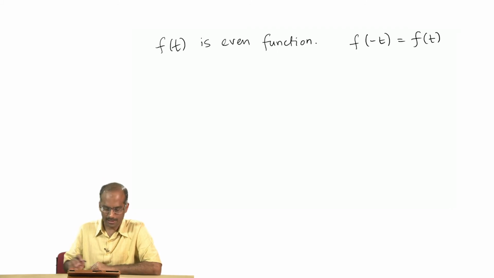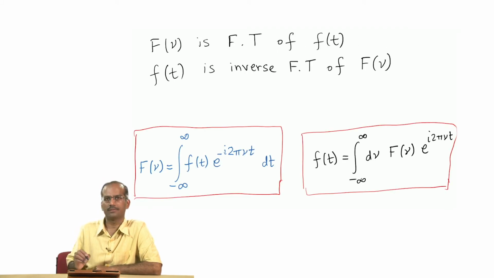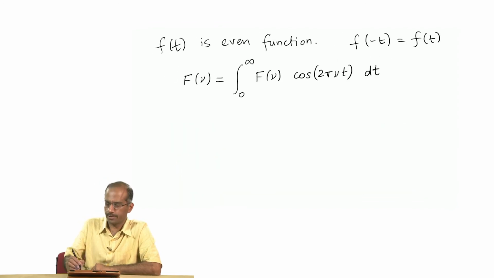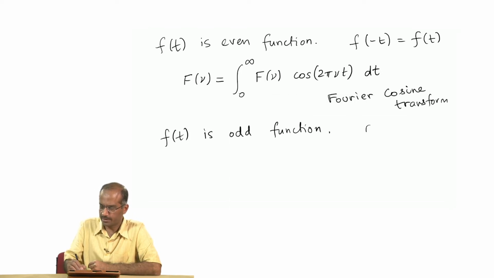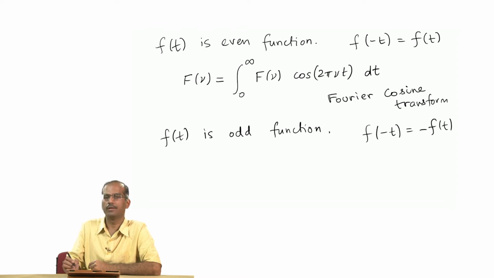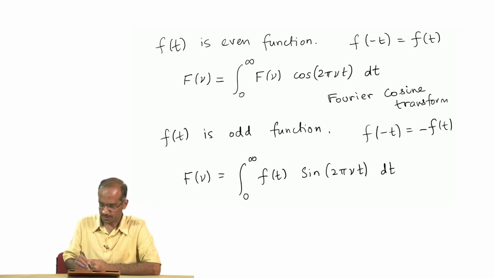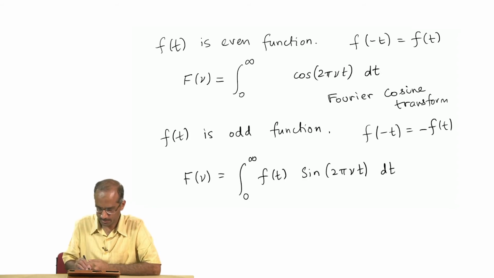If this property is satisfied, in that case the sine part of this exponential will drop out. So, this is called the Fourier cosine transform. Similarly, if f of t is an odd function, by which I mean that f of minus t is equal to minus f of t, in that case you will get the Fourier sine transform. Of course, I should correct this factor here, this should have been f of t.